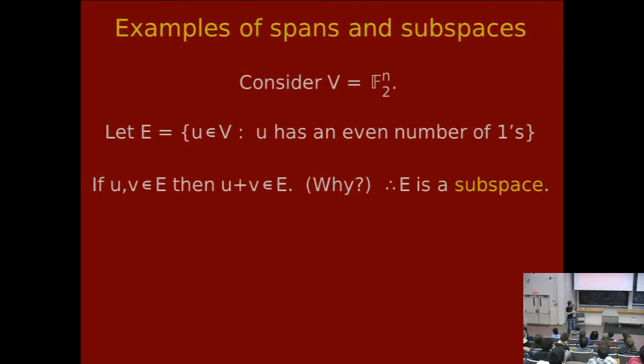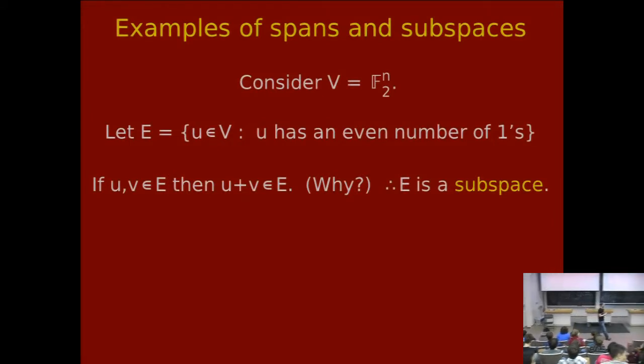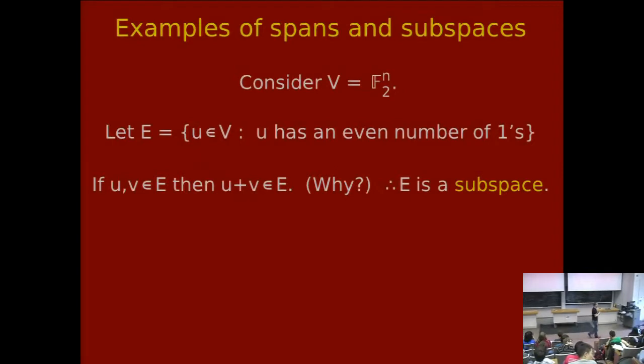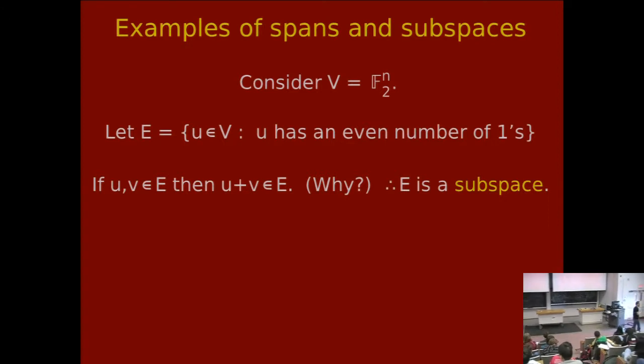Can somebody tell me why, if u and v are vectors in this set E, their sum is also in E? Yes, that's right.